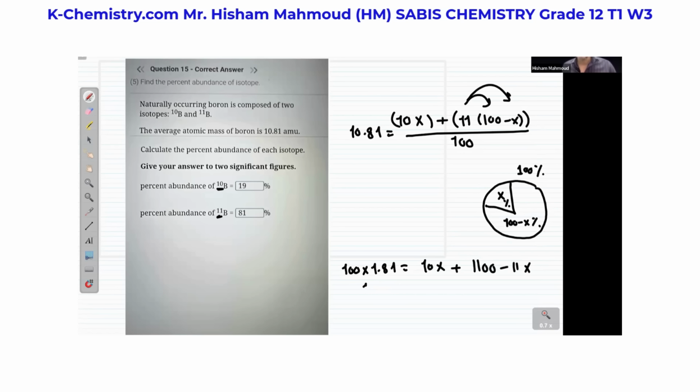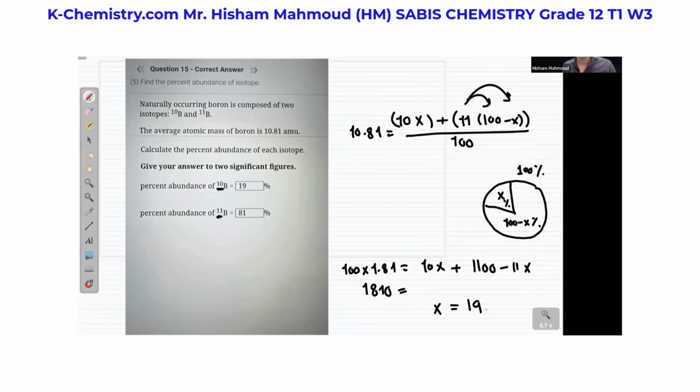This is 1081 equal, if I'm not wrong, yes, 1100, is it? 1081 equal to 1100 plus 10x minus 11x. And then, because we don't have too much time and I'm not that strong in math as you, I will just go to see that the answer came out as x is equal to 19.